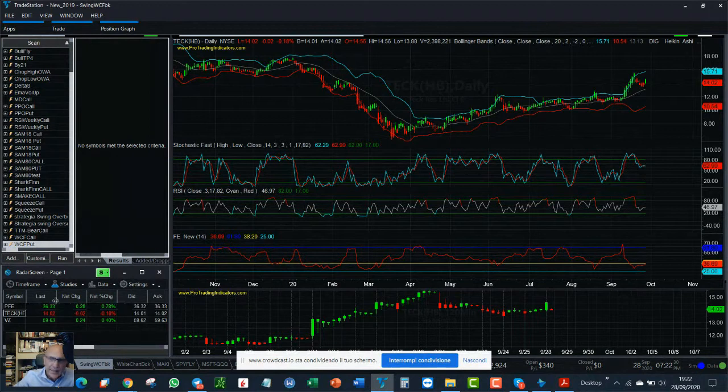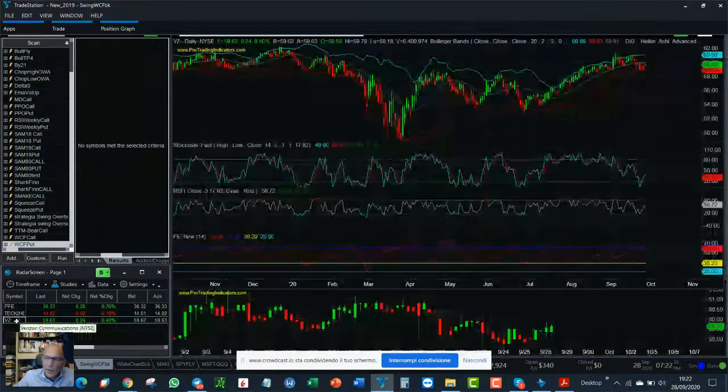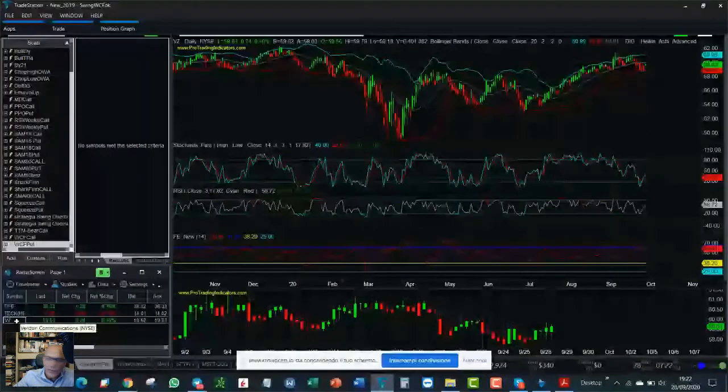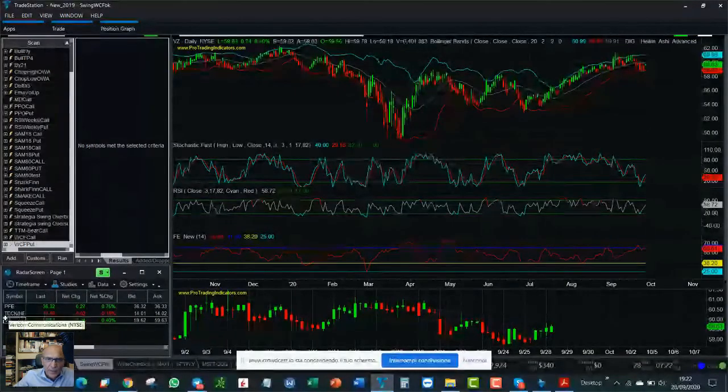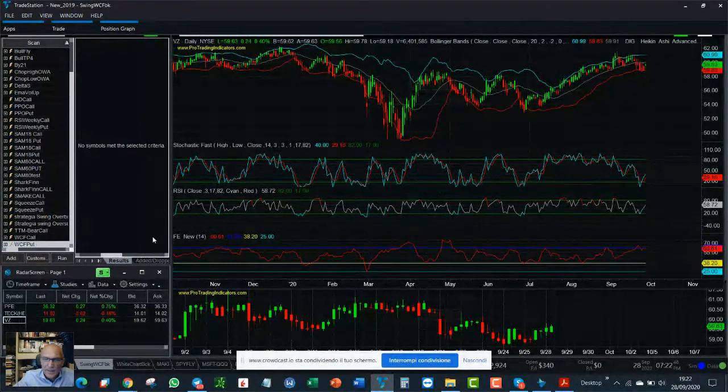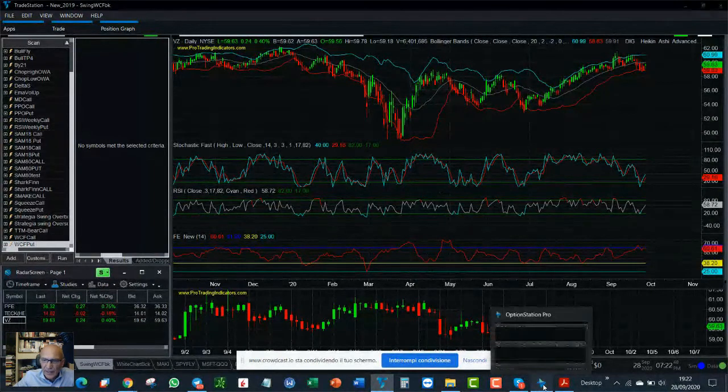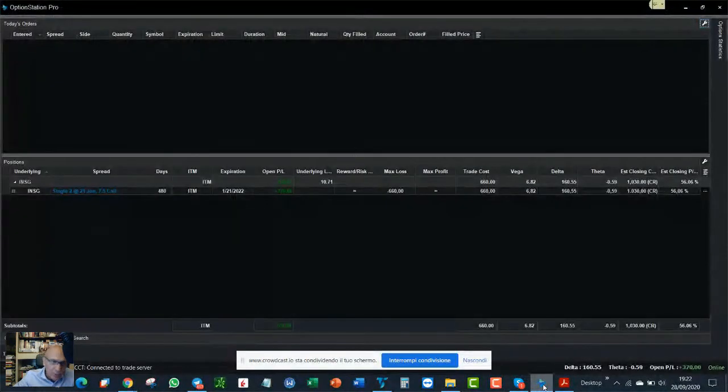So let's say that we want to go long with Verizon in this case. We check that all the criteria are matched, and then we finally go on the tool, which is one of the best tools in the industry for options.